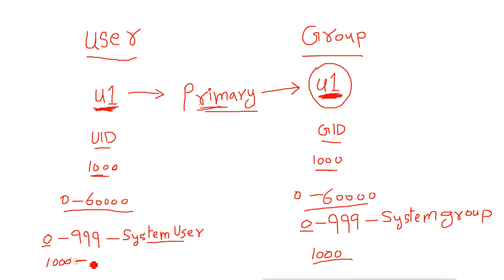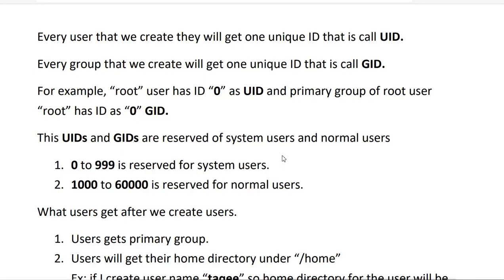So when we start creating normal users, they will get a UID of 1000 and the group will get a GID of 1000. This is what it is saying here: when you create a user account, the user gets the UID and the group gets the GID, and UID 0 and GID 0 are for the root user. So these UIDs and GIDs are reserved for system users and normal users.